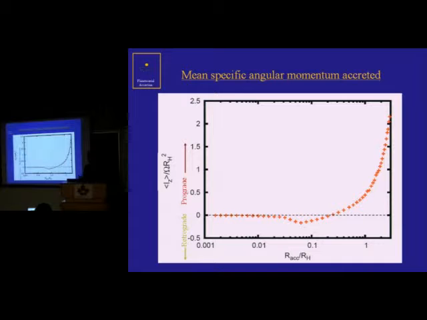If we have direct accretion, the only planetesimals that will hit the planet and the planet will grow by are those that directly collide with it. And so we're in the regime down here, where the radius of the planet to that of the Hill sphere is very small. So we're all the way down here, and you can see you get very little, slightly retrograde angular momentum. And that's the non-result I discussed before.